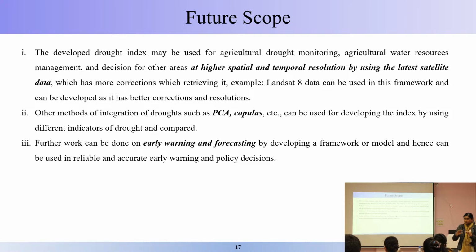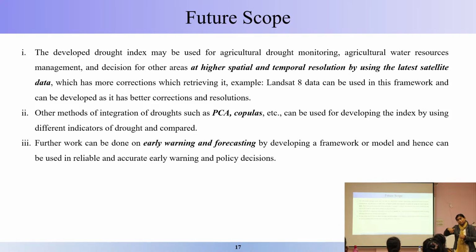So we get to prepare ourselves looking at the current condition. Okay, I know that I should expect this severity of drought, or that in this time of the year it is more likely to affect the entire state. Such things we can get from that kind of analysis.